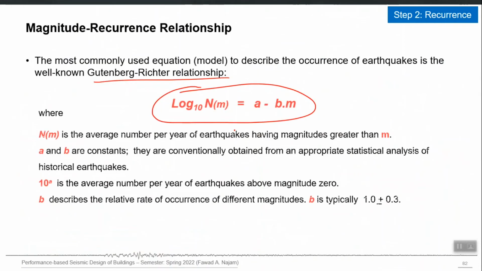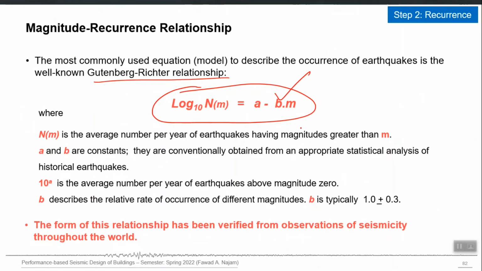So this is the straight line equation proposed by Gutenberg and Richter, both of them, and based on large earthquake data sets, they concluded that whenever you plot this MR relationship for any source, roughly it can be idealized like a straight line going down if you make the y-axis logarithmic.